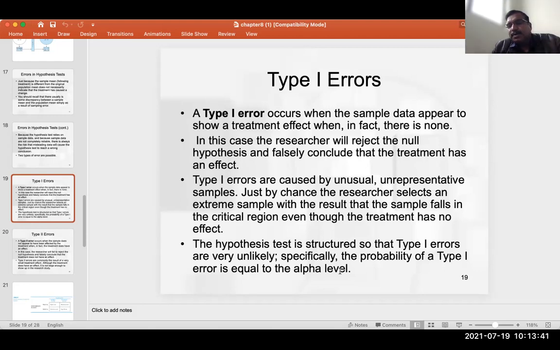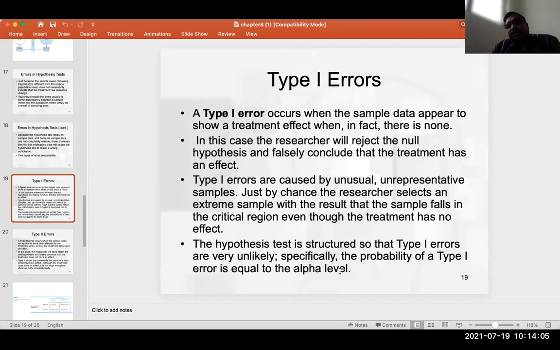Generally, in cases that are very serious in nature, we try to minimize the type 1 error as much as possible, and we can go for a confidence level of up to 99.9%. So the alpha level should be very low. The probability of a type 1 error should be very low.